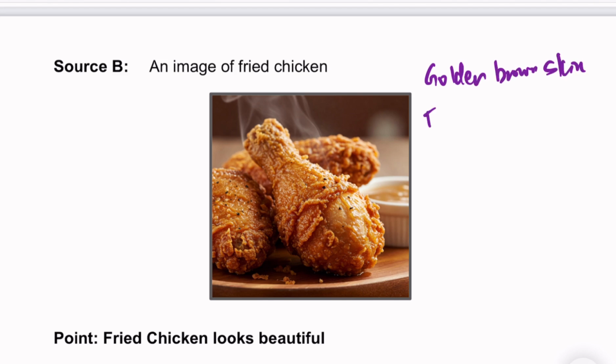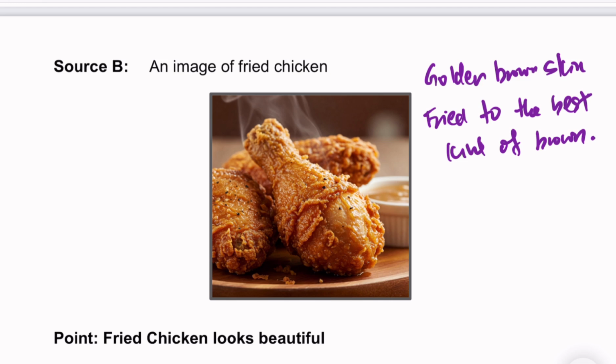You can say that it's fried to the best kind of brown. Okay, so if you think about it, it actually does give you information on fried chicken looking beautiful. It does validate and strengthen the point that fried chicken looks beautiful. So this is what I mean by a description. Just tell me what you see in the picture.